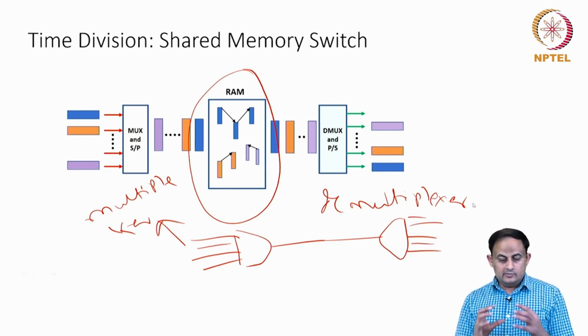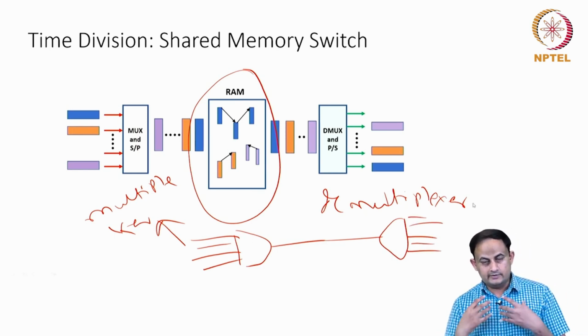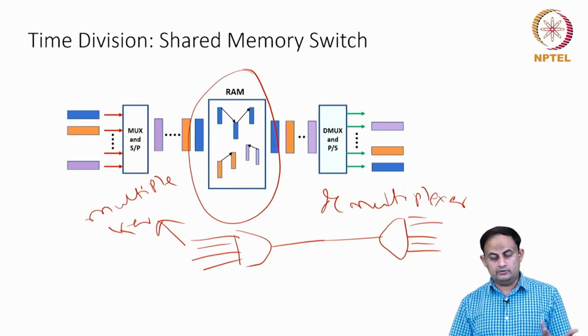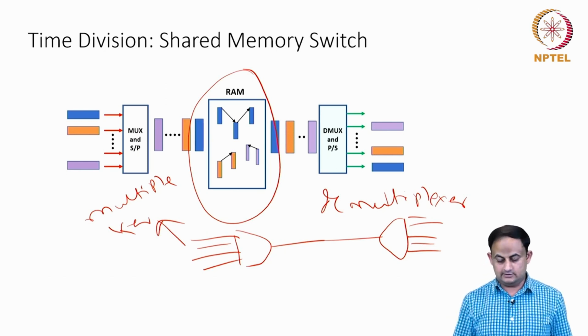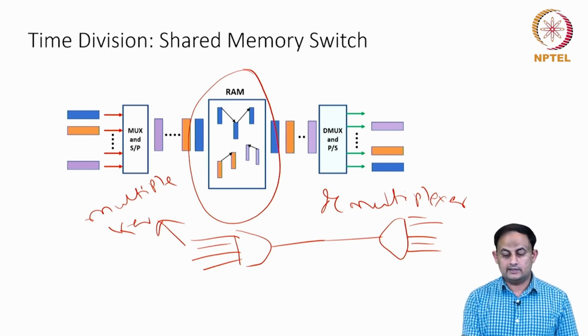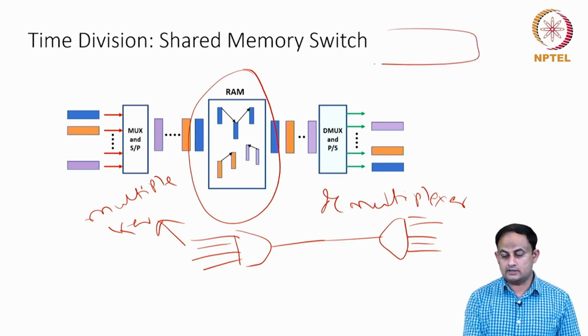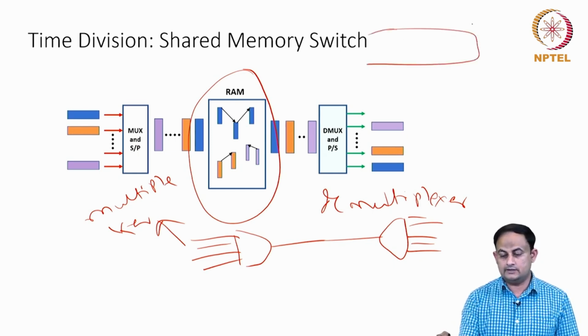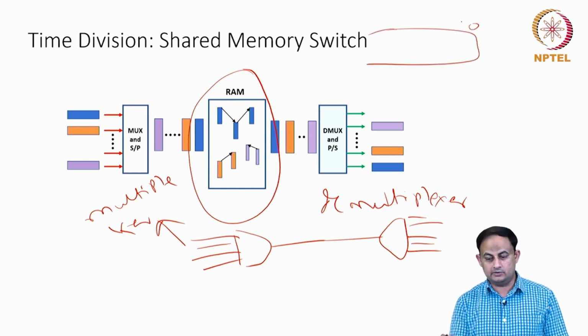You receive one input on one line and then you need to segregate it into multiple of them. So the shared memory here is the RAM. That is where the packets belonging to different output ports are placed. This can very well be a logical division, something like this. I have got a memory structure where, let's say, the starting address of this memory is 0.